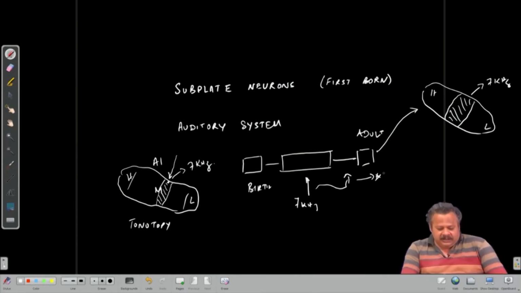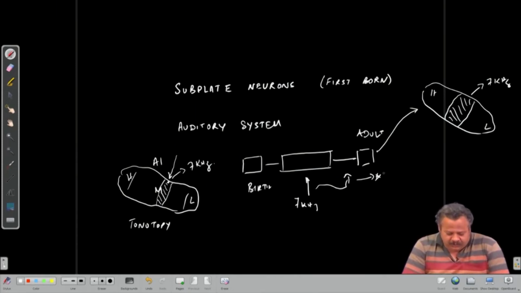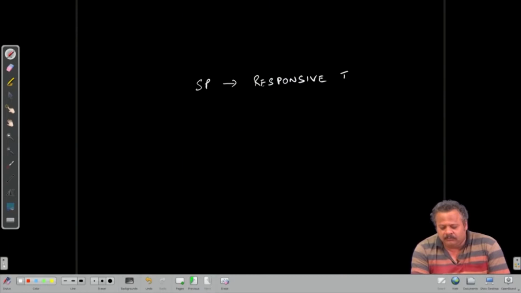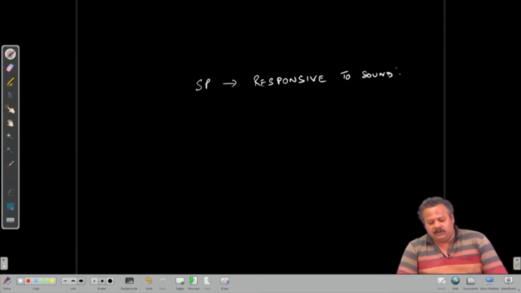So the idea that was pursued by us was that actually at an earlier period, it was shown that the subplate neurons are actually responsive to sound, and maybe not the layer 4 neuron.